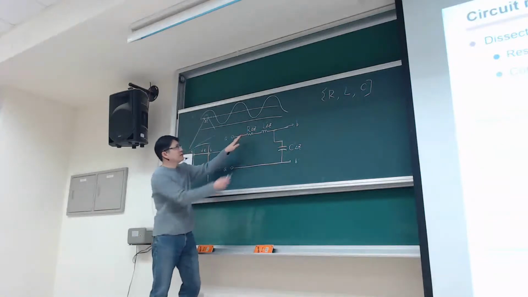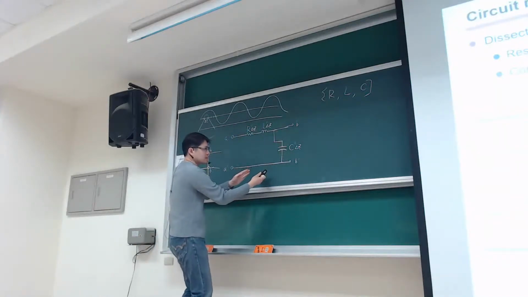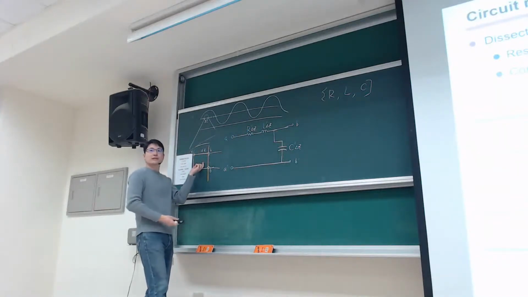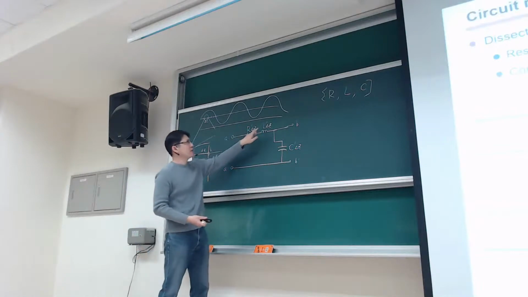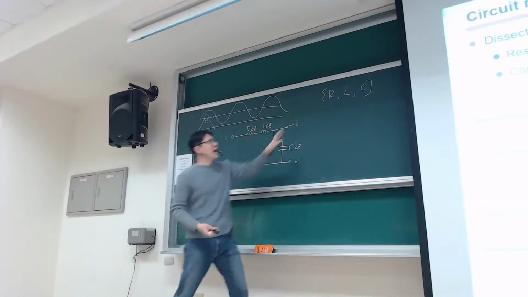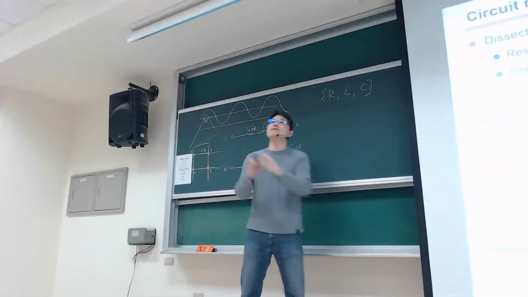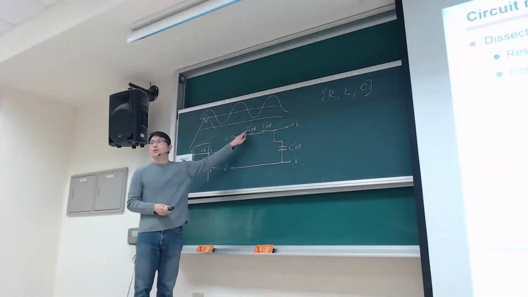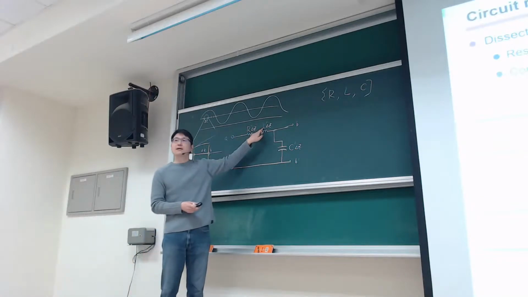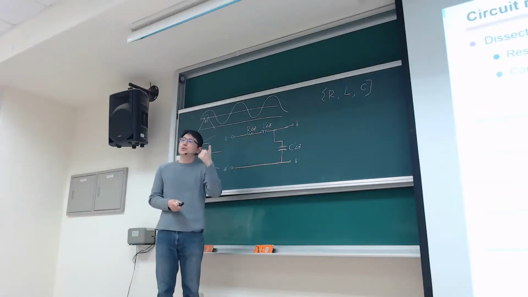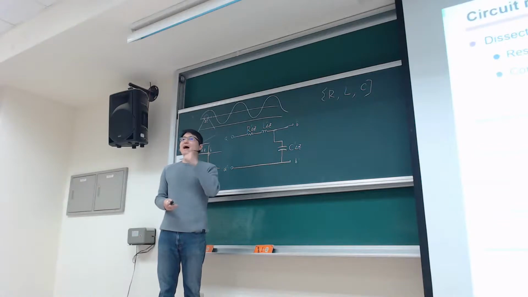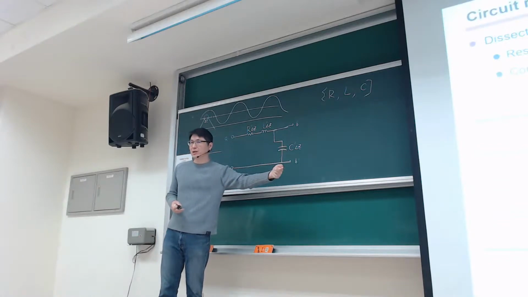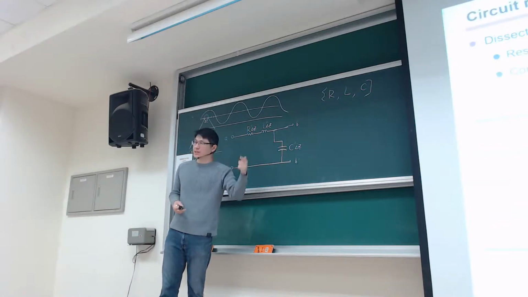If you have the equivalent model for a single differential segment having a resistor and inductor in series, you add the second one, you add the third one, eventually you recover the full resistance and the full inductance, because resistance and inductance add up directly when connected in series.